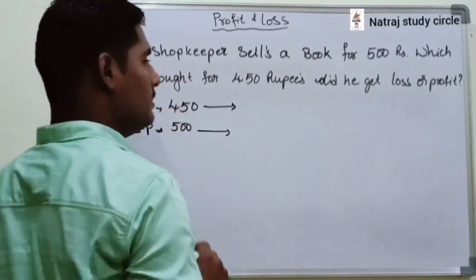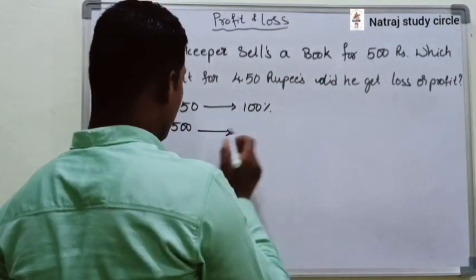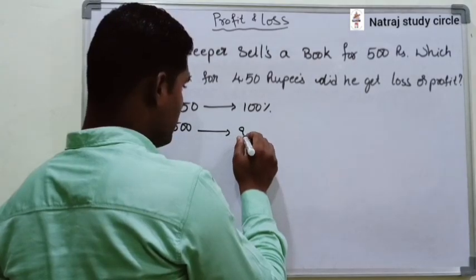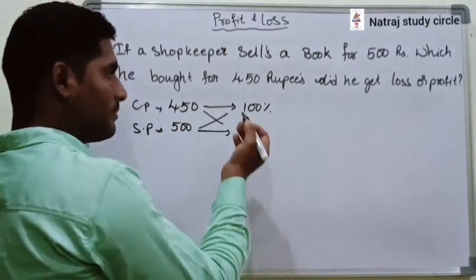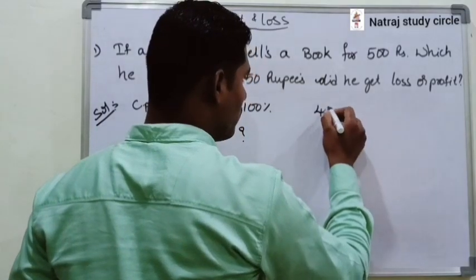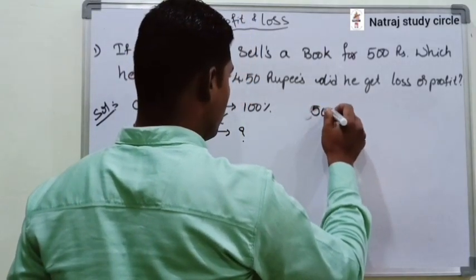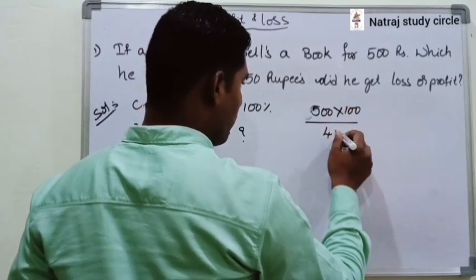So 450 is 100%, and what is the percent of 500? Let's cross multiply: 500 into 100 by 450.